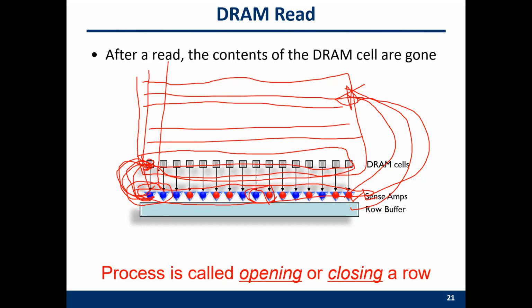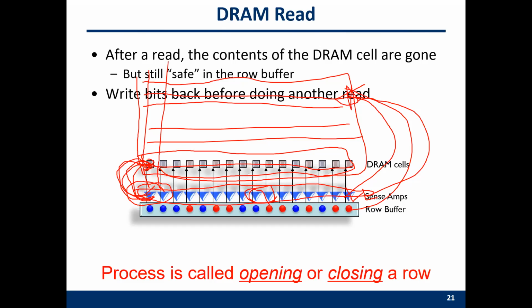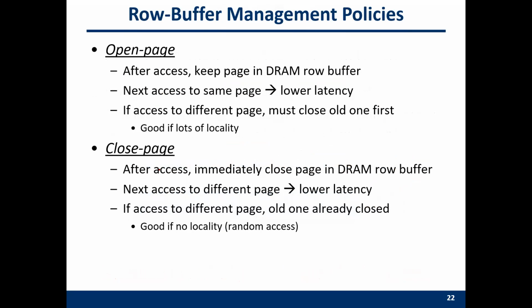Otherwise, if you have the second request, a pending request, the restore operation will be on the critical path, and this delay will add to your application. So this is the difference between the closed page policy and the open page policy. Any other question?